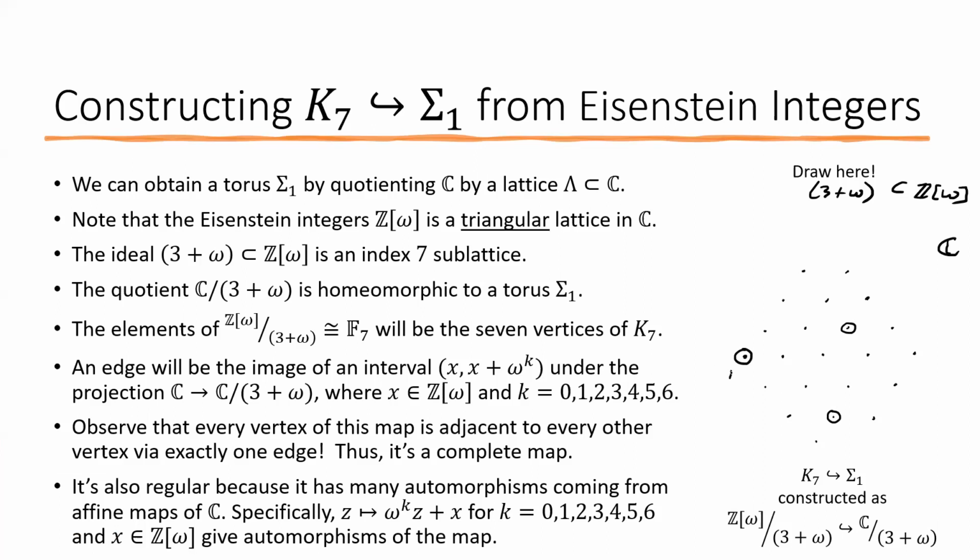Okay, and then I also have the sum of these 2 points. So this is 0. This is 3 plus omega. And this is, what is this exactly? It's 1, 2, 3 plus omega squared. And then I have their sum, so I can go 1, 2, 3 plus omega.